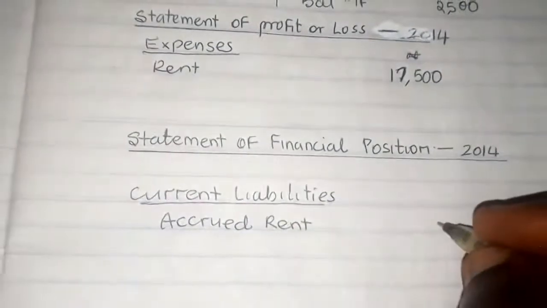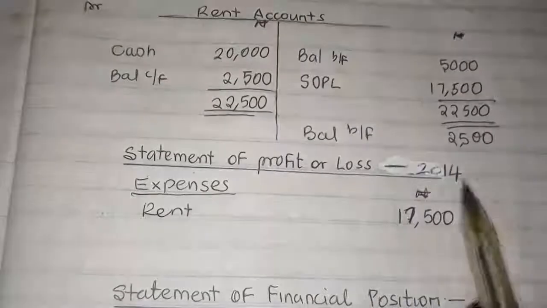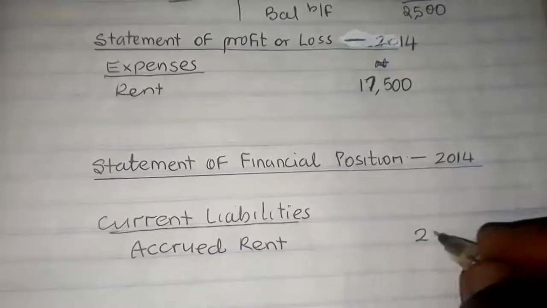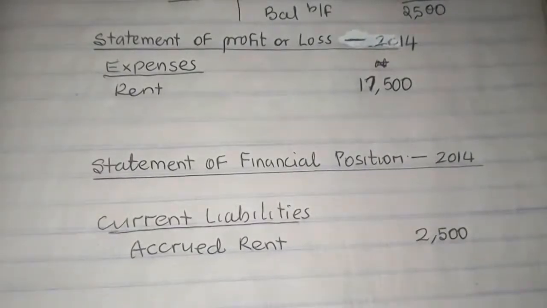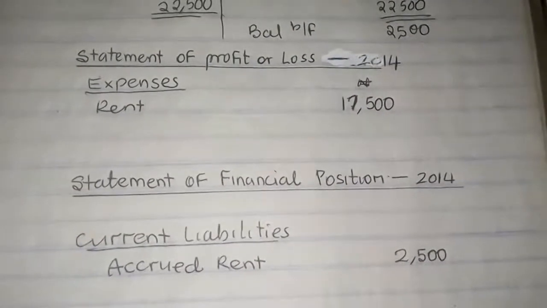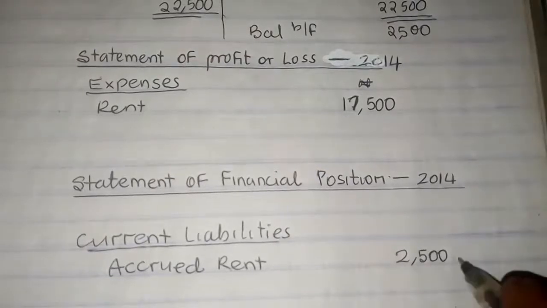What is our accrued rent? 2,500. That's what we are owing. So don't forget, this statement is an extract. This is how it will appear in the statement of financial position for 2014.